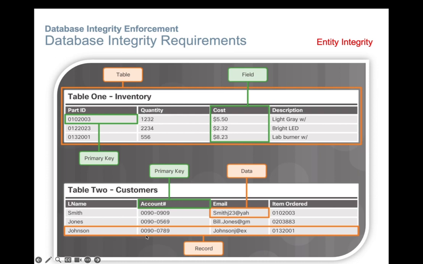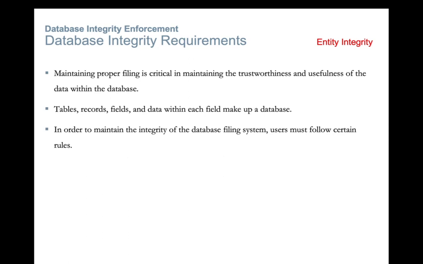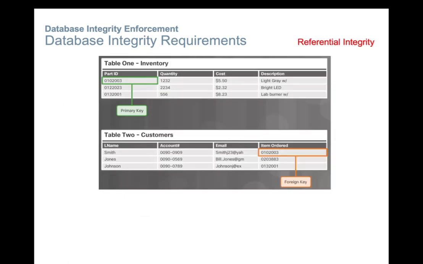So now see, this is the entity integrity rule, and there is referential integrity also. This is another important concept in the database integrity requirement. This important concept is the relationship between different filing systems or different tables.